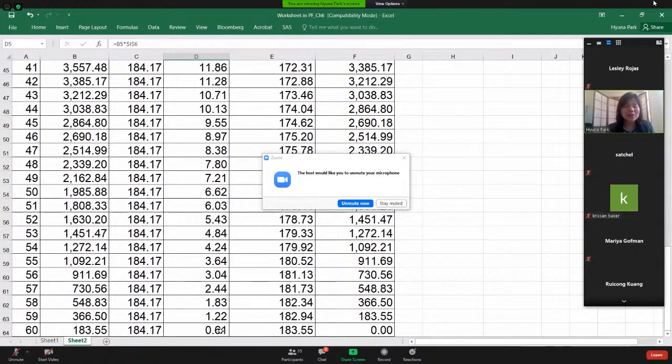So at the last month, you're only paying 61 cents of interest, and most of your $184.17 monthly payment goes toward paying off the debt, the principal payment.